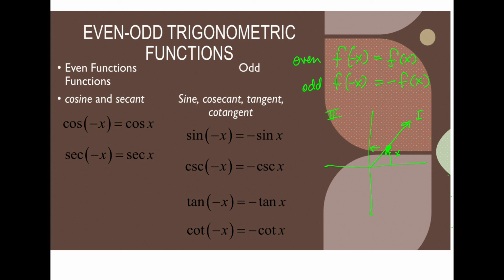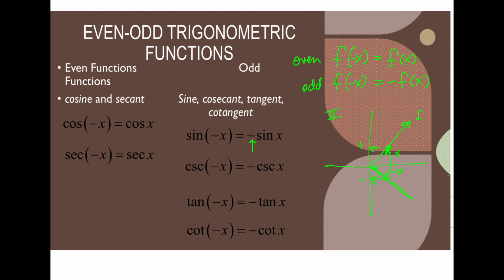But if I go negative x, so I go in this direction, the same amount, notice that the y value will be negative. It'll be the opposite of what it was when it was positive.